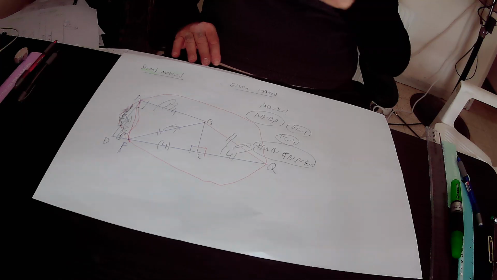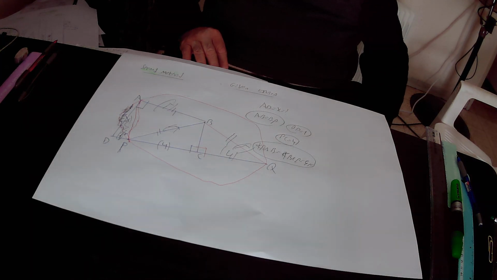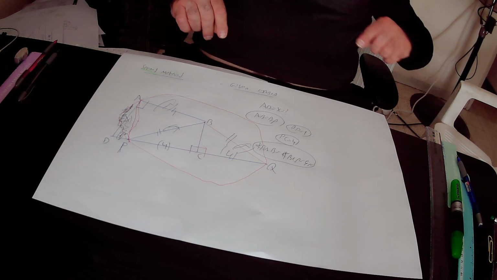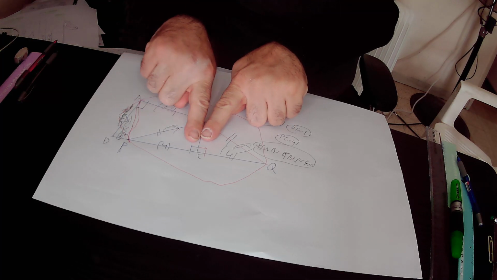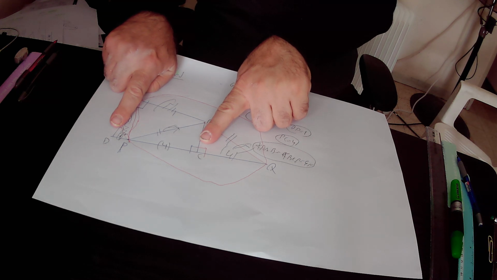In the second method, we did the construction. That is to say, we extended side DC by 4 units. Again, we extended side DC of this quadrilateral ABCD by 4 units.